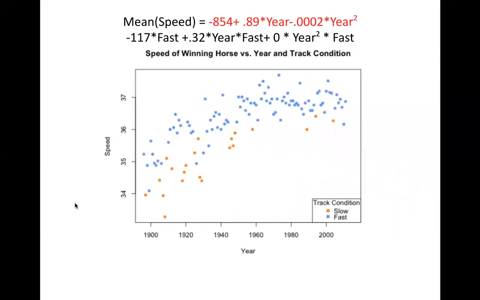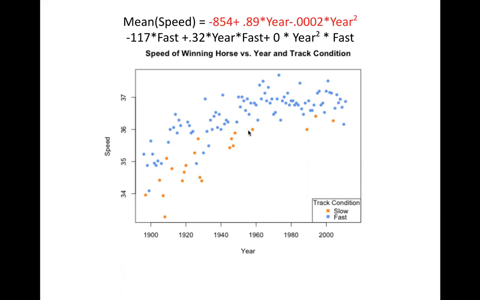So what I'm going to do is try making a parabola, maybe making a couple of parabolas. I'm going to continue to have an intercept and I'm going to continue to have a slope for year, but I'm also going to put in a square term for year. And I'm going to continue to put in fast, and let me put the interactions too, right? So maybe my two parabolas don't have to be parallel to each other. Although it kind of looks to me like they should be, right?